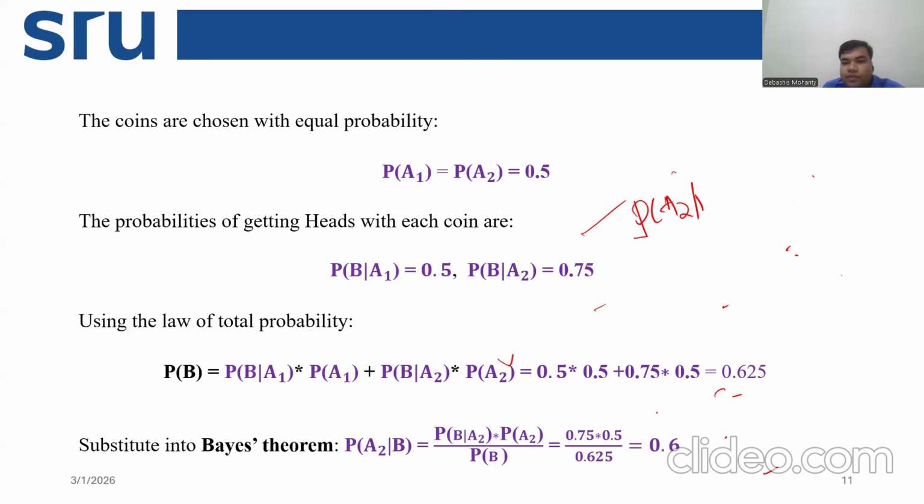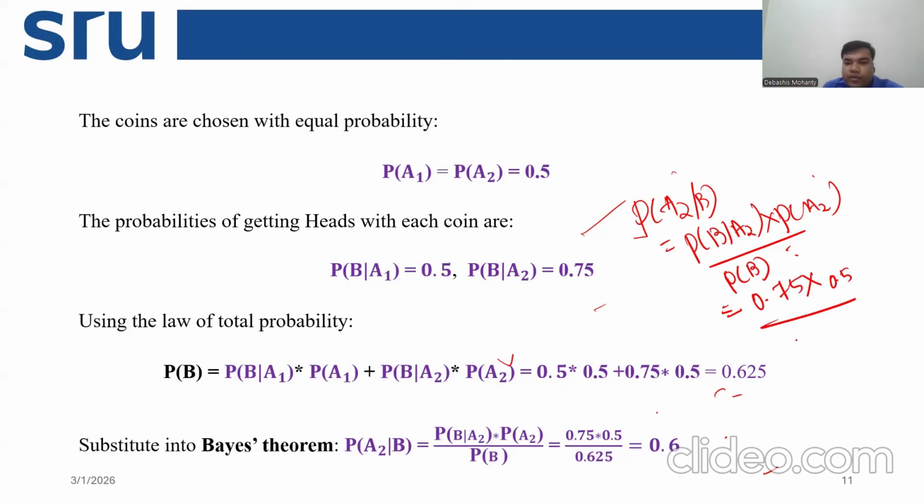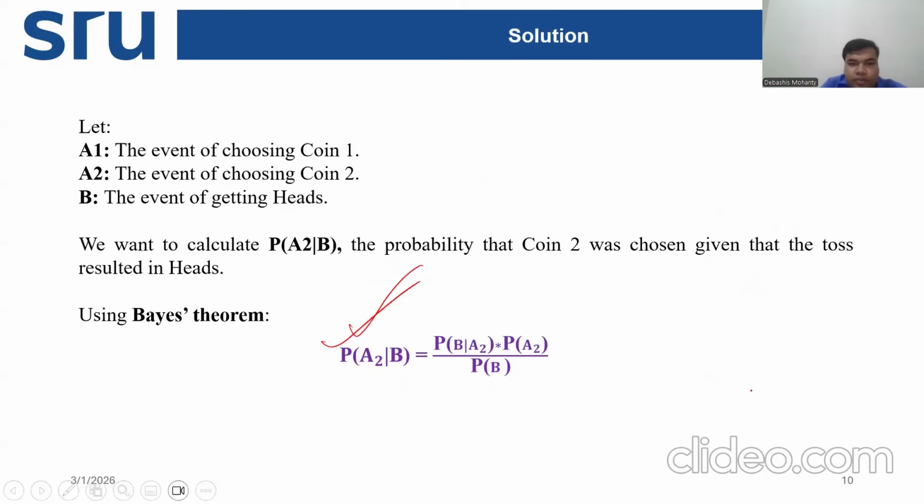Probability of A2 given B equals probability of B given A2 multiplied by probability of A2, divided by probability of B. That is 0.75 times 0.5, divided by the total probability 0.625. That value we get is 0.6.